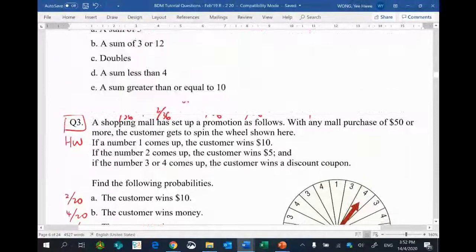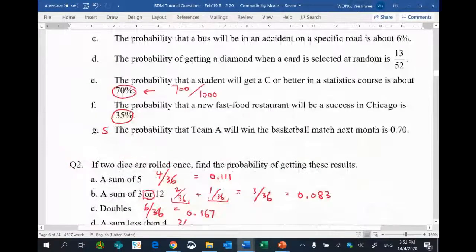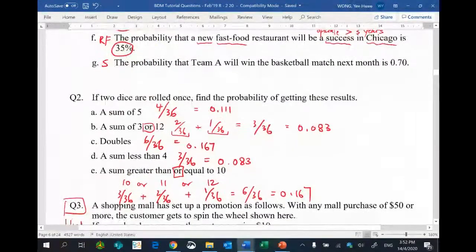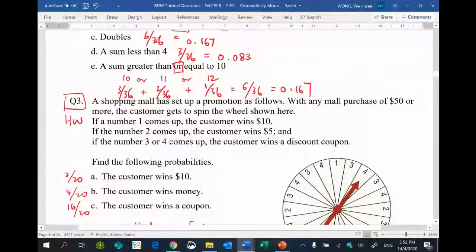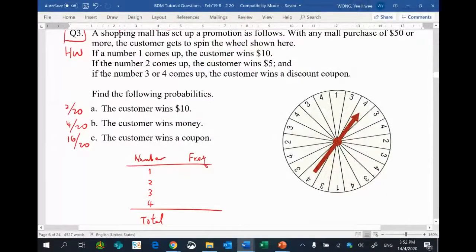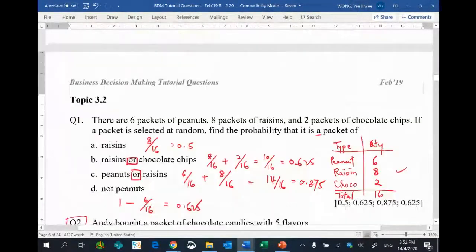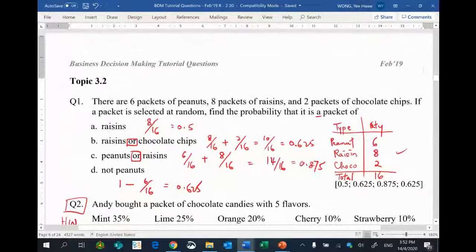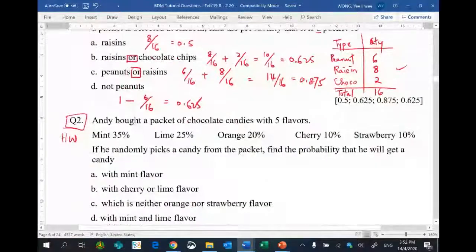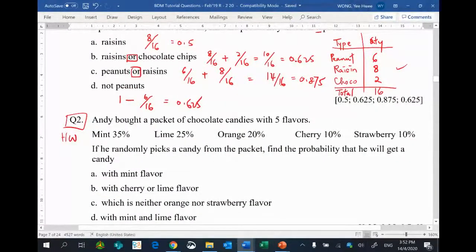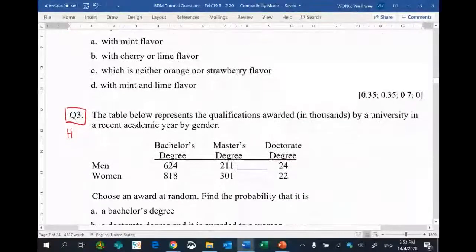We have done question 1. We have done question 2. Question 3 I asked you to try at home, and these are the given answers. And we did question 1 here, and I asked you to do question 2 as homework. So for the rest of the questions, please do them as homework.